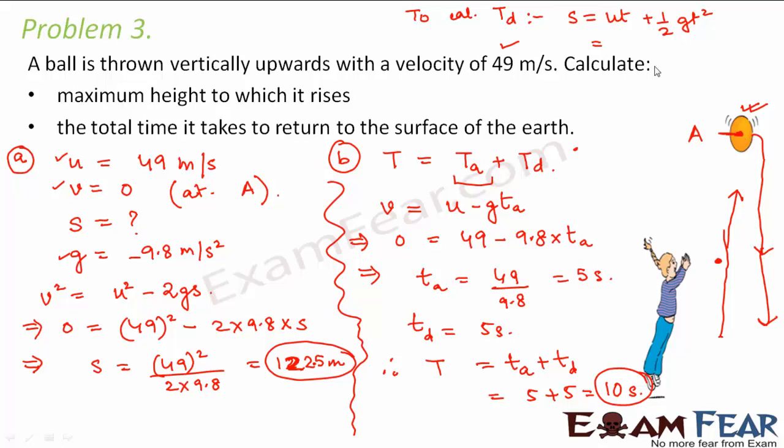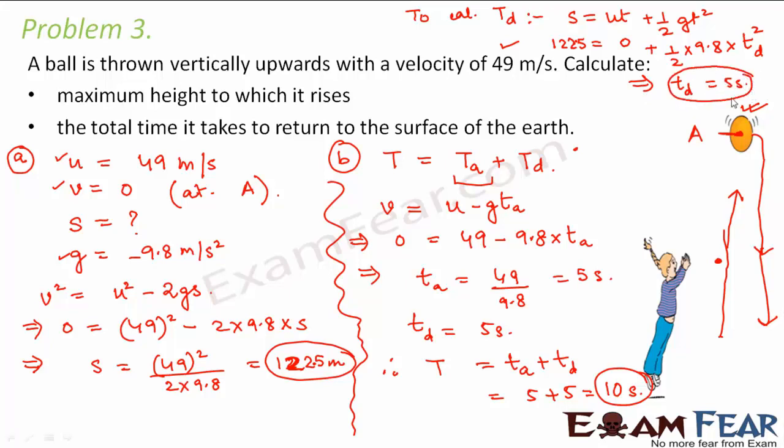So the initial velocity will be equal to 0 in this case because now the motion is starting from this point. So the previous final velocity will become its initial velocity. So now initial velocity will be 0 plus half into g, 9.8, into t, where this t is nothing but the time of descent. So this is equal to s, and s is 122.5. We have calculated this s, that is the total distance. So from this if you calculate, you get time of descent is equal to 5 seconds.